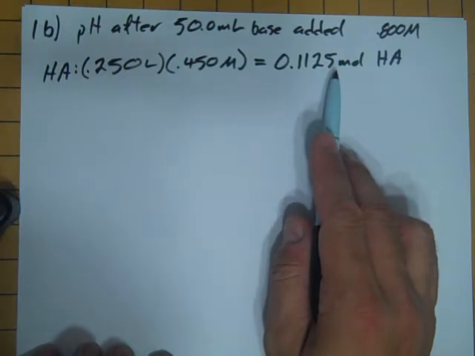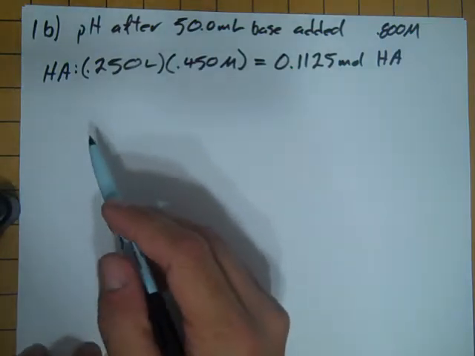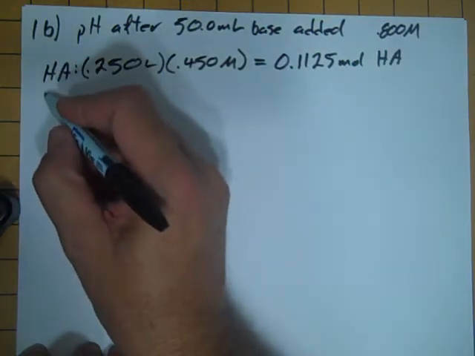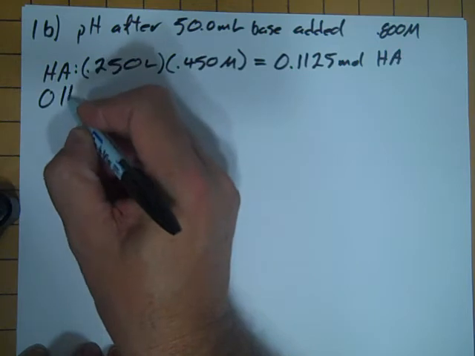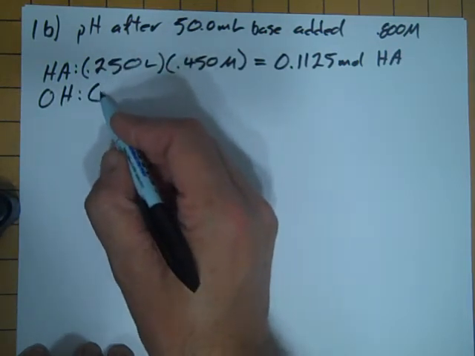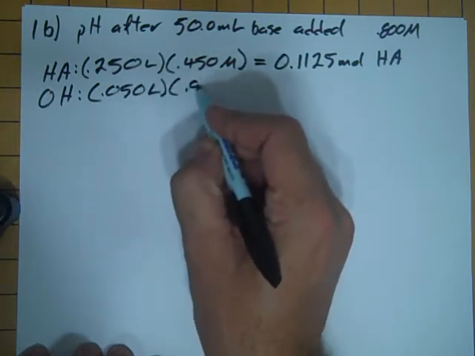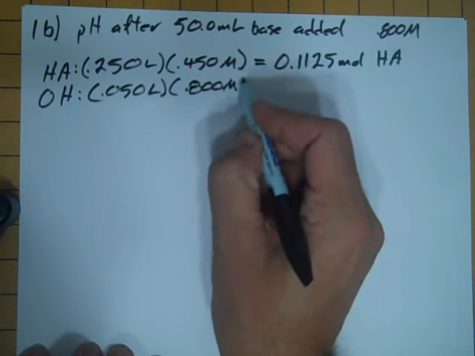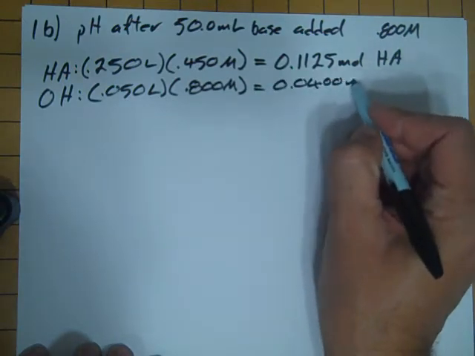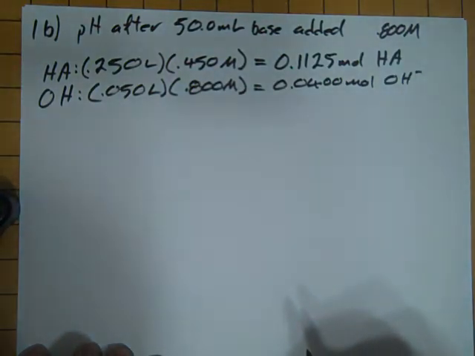So when we're in the beginning part of the titration curve, we are neutralizing, and when I put in my hydroxide, I'm going to now have 0.050 liters times 0.800 molar, and that's going to equal 0.0400 moles of hydroxide added.